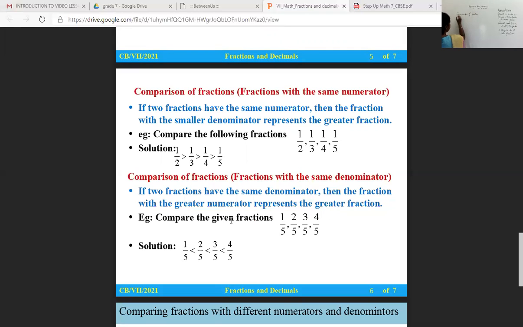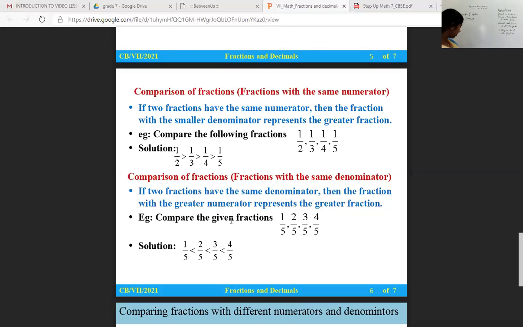Under that, the first one we are going to do is with the same denominator. When the denominators are the same, how do we compare the fractions?